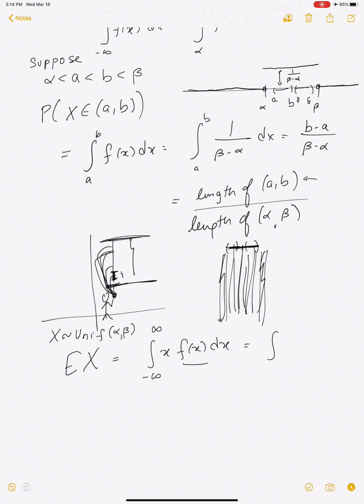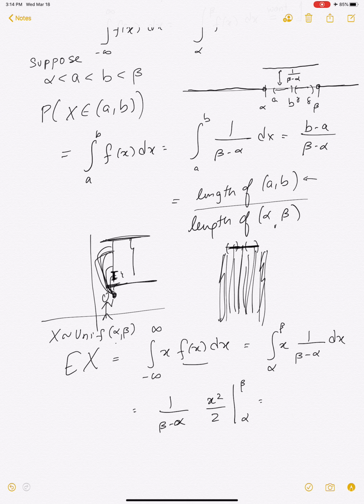This is how you say x is uniform alpha to beta. Then the density would be 1 over beta minus alpha on the interval alpha to beta and 0 outside. So you have 1 over beta minus alpha and x squared over 2 from alpha to beta.